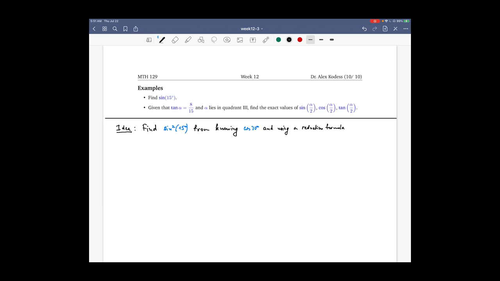So the reduction formula I'm going to use is that sine squared equals 1 minus cosine of double angle over 2. So in my situation here, sine squared of 15 degrees equals 1 minus cosine of twice 15 degrees over 2. That's the reduction formula.